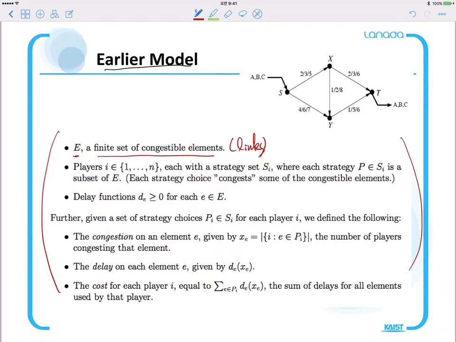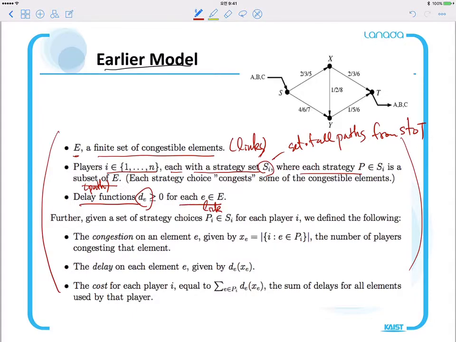Okay, it's a link, and we have n players, each with a strategy set S_i, where each strategy is essentially a subset of E, or you can say it's a path. I have a lot of paths, so this is the set of all paths from S to D. And there's a cost function, which we call the delay function of some particular link, and that cost function is probably a function of how many people are traversing that link E. So if we have more people, then the delay function will increase.